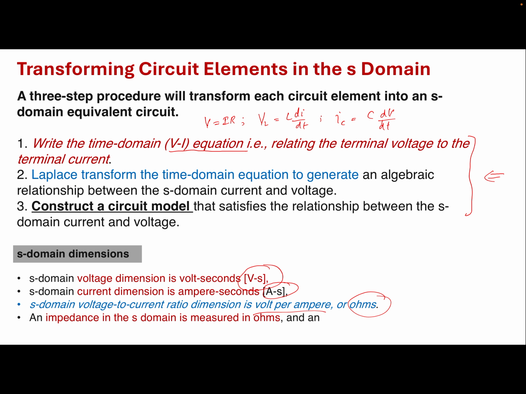For the admittance, since admittance is the inverse of resistance, it should be Siemens. So for the admittance it is Siemens, and for the impedance it is ohms. Voltage is volt seconds, and current is ampere seconds. With that, let's start transforming our circuit elements now.